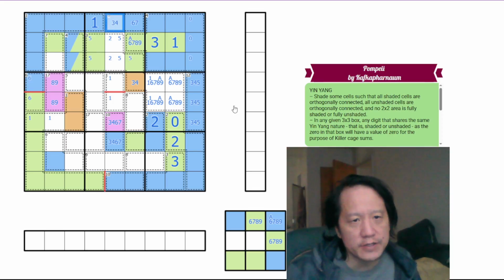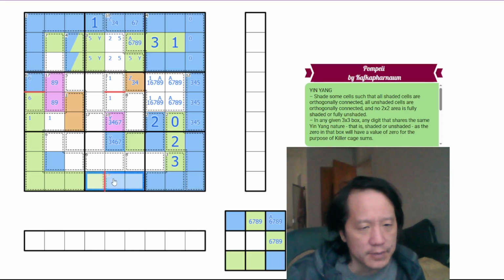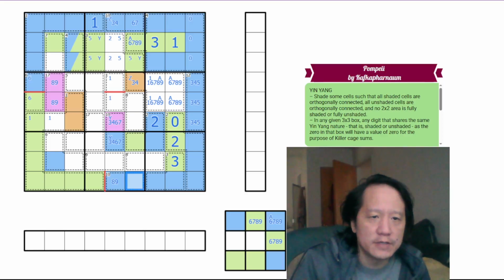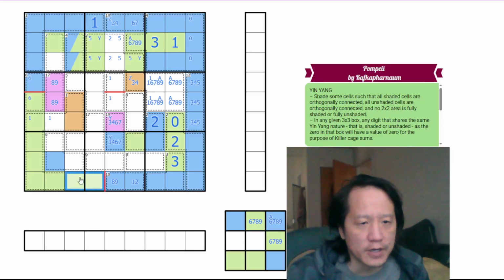This digit, so we'll make that a Z. Z and Z cannot be here. And this is a YY pair. So therefore this pair cannot add up to 10 here. So this has to be 9, 8 with 1 or 2. So one of the 8 or 9s cannot be here.